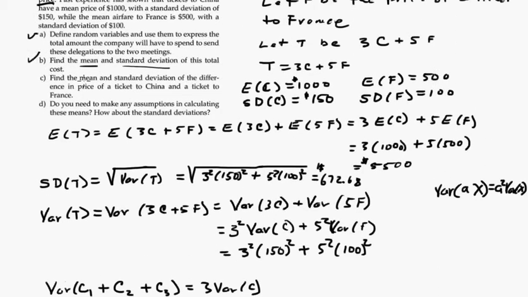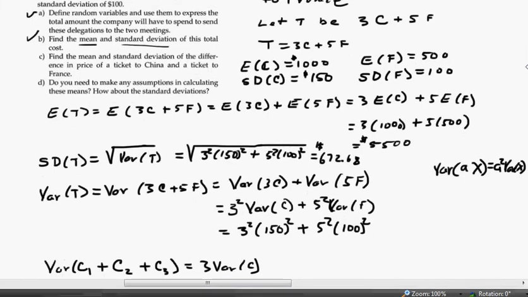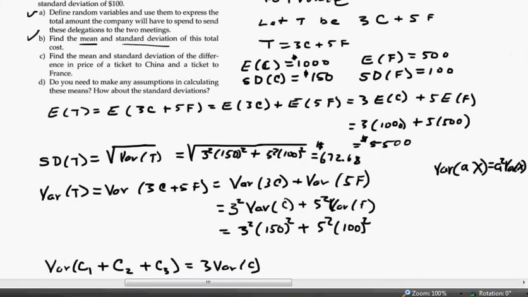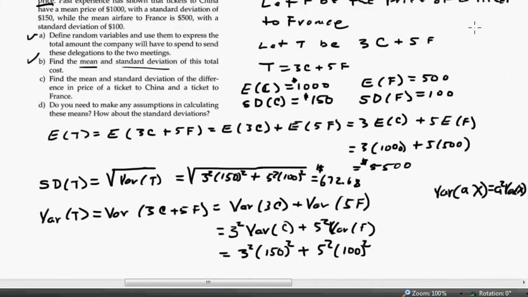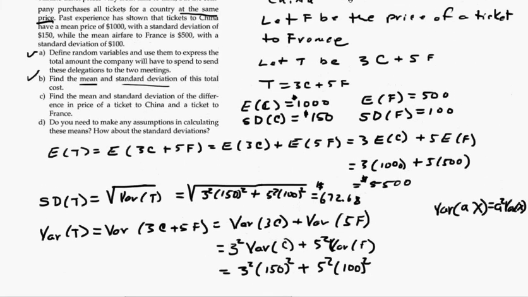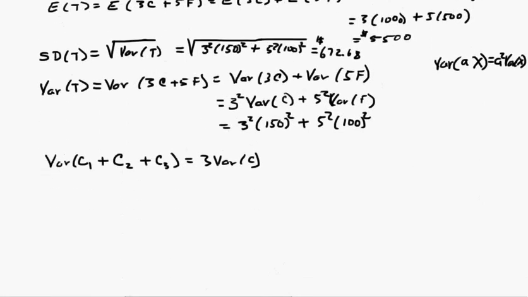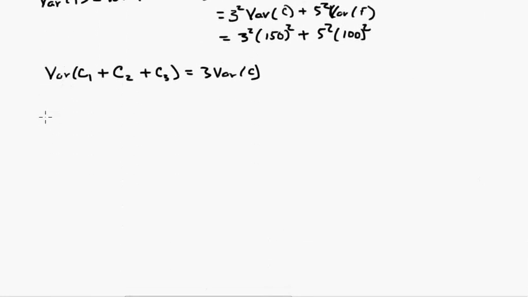Now they say find the mean and standard deviation of the difference in price of a ticket to China and a ticket to France. So the difference, that would be the expected value of China minus France. So that's just going to be 1,000 minus 500. So that's going to be $500.